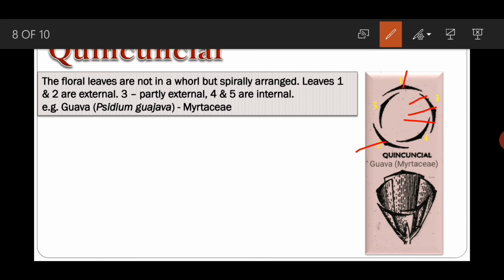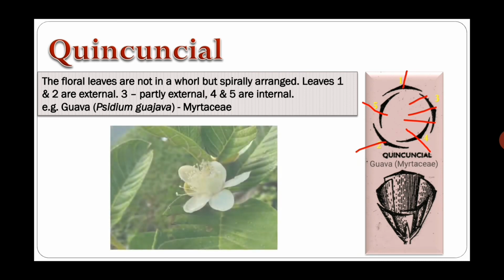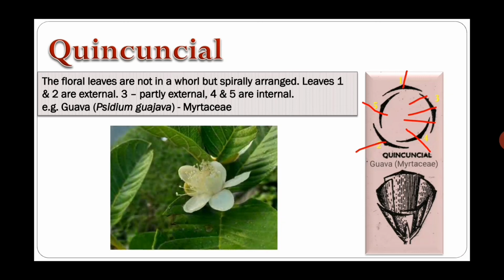Internal means both the margins are overlapped by the sepals or petals on either side. An example of this quincuncial estivation is guava, whose botanical name is Psidium guajava, family Myrtaceae. So here in the picture of guava you can see that the petals are showing quincuncial estivation.